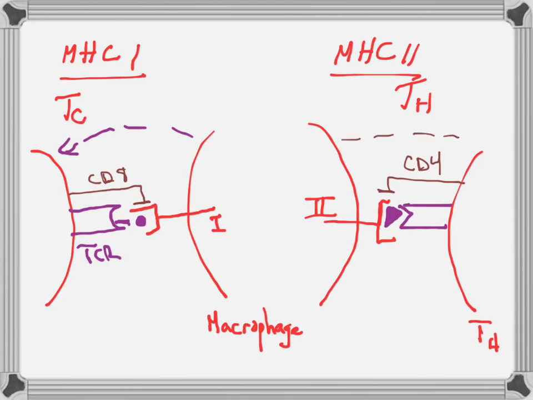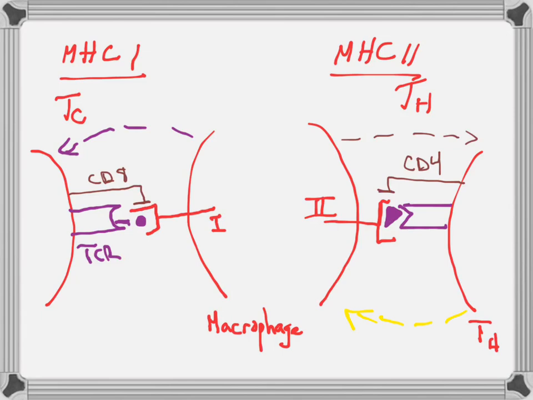Macrophage secretes signals that are going to activate that T helper. So it secretes cytokines. And actually in return, the T helper does the same thing right back. It secretes cytokines that enhance the phagocytic activity of that macrophage.